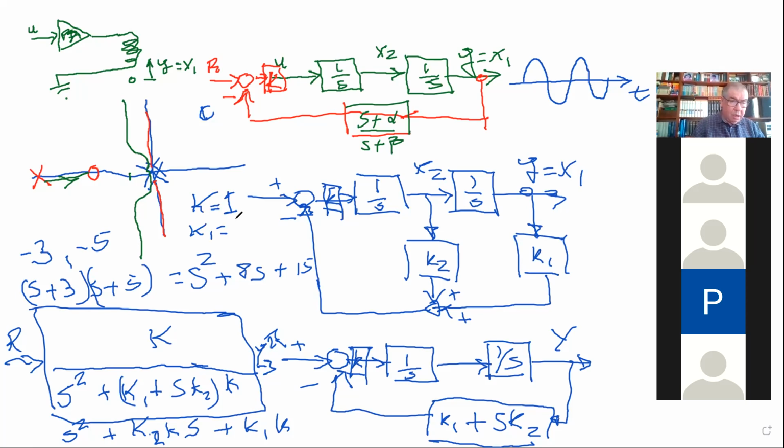And K2? 8. So in this case, you can place the poles anywhere. If I tell you to place the poles no matter where, you will always be able to find coefficients K1 and K2 such that you select these coefficients of this polynomial. So you can place the poles everywhere.